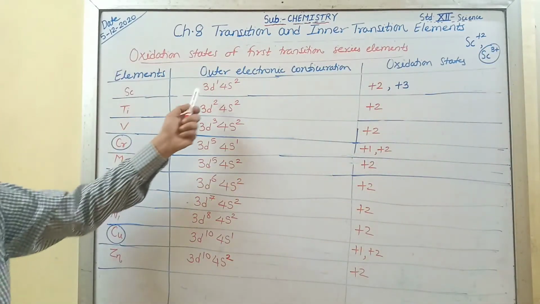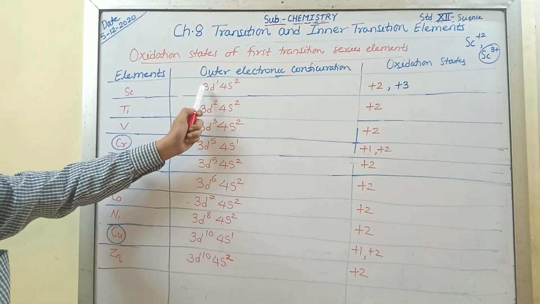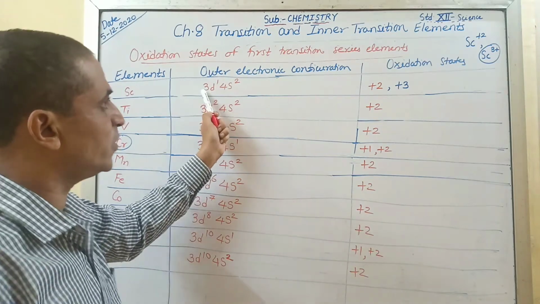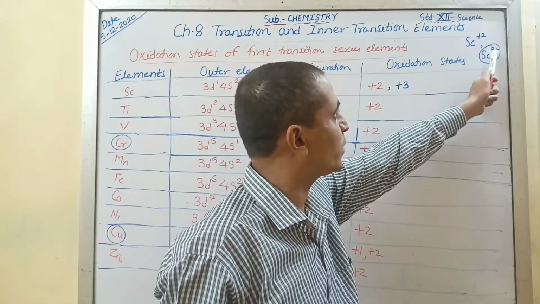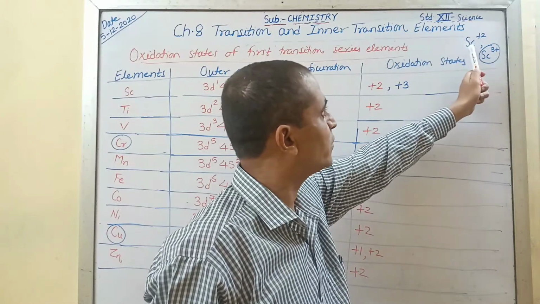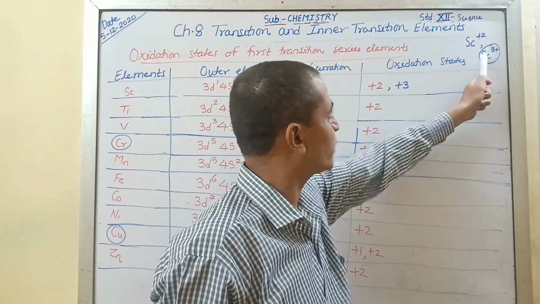Why? Because here you get 3d0, and therefore it provides extra stability to tripositive scandium ion, compared to the dipositive one.